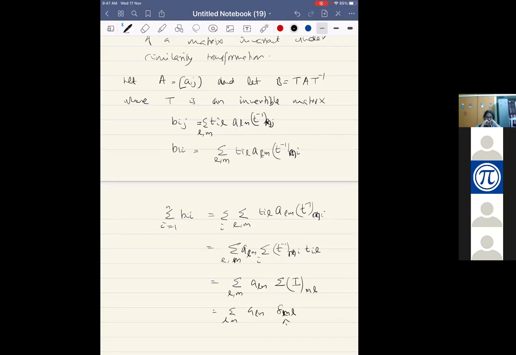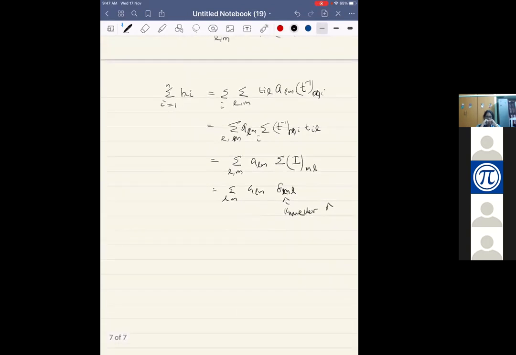This is the Kronecker delta, which is the sum over l from 1 to n. So in other words, the sum of diagonal entries of B equals the sum of diagonal entries of A.